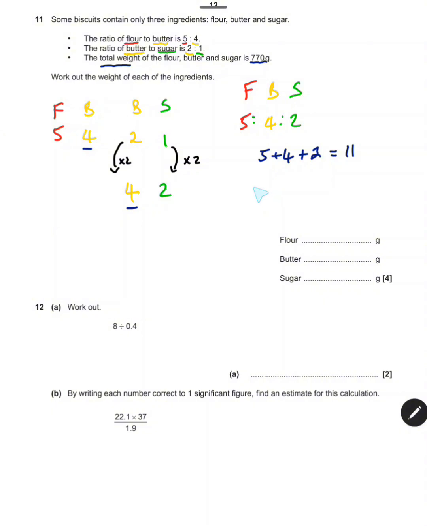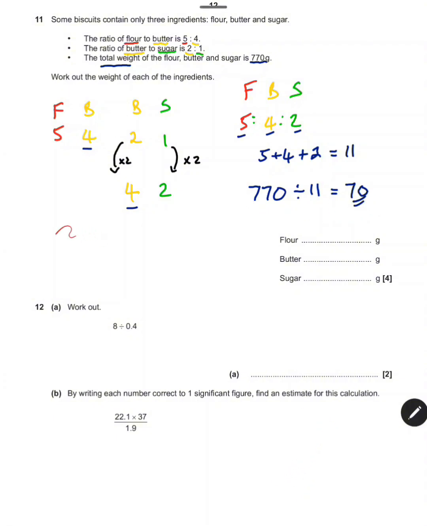I need to do 770 divided by 11. Well, 77 divided by 11 is 7. So 770 divided by 11 must be 70. So now I know that each part of this ratio is worth 70.